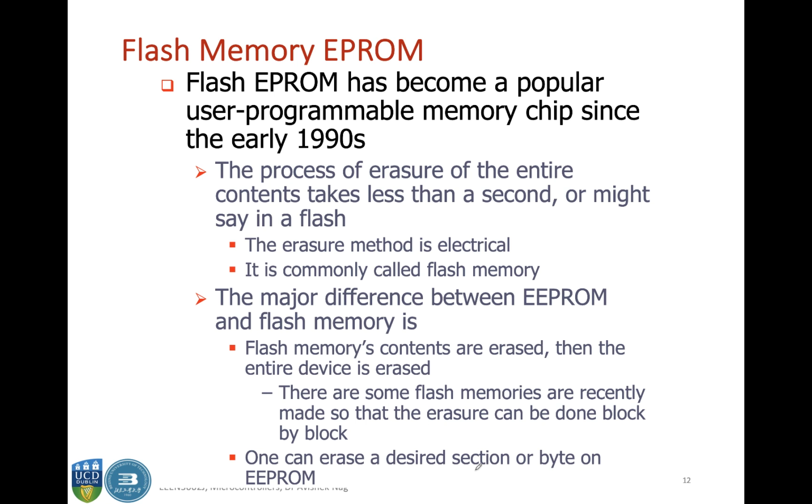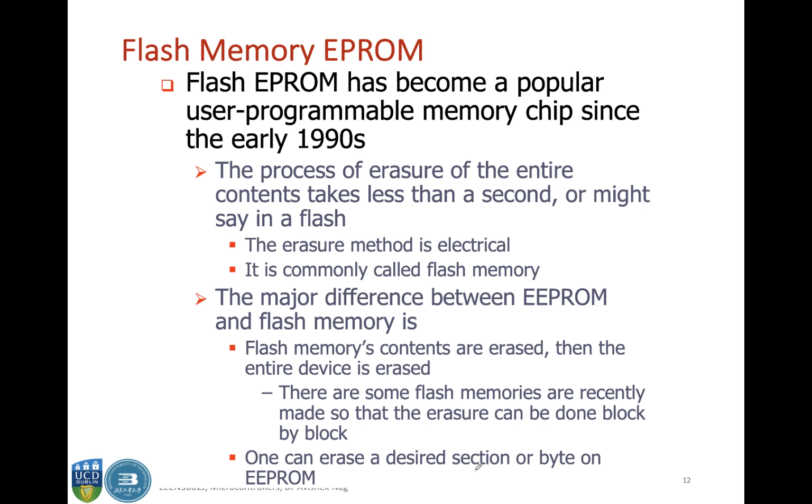Next comes the flash memory EPROM. Flash EPROMs have become popular since the early 1990s. The process of erasure in case of this flash EPROM is very fast. The erasure takes place in less than a second.